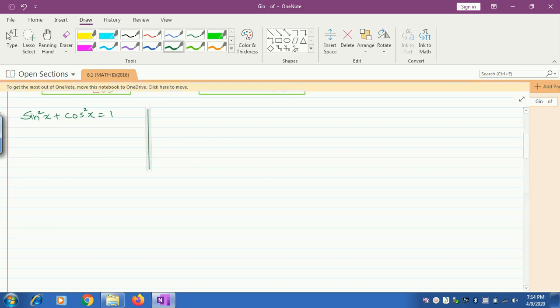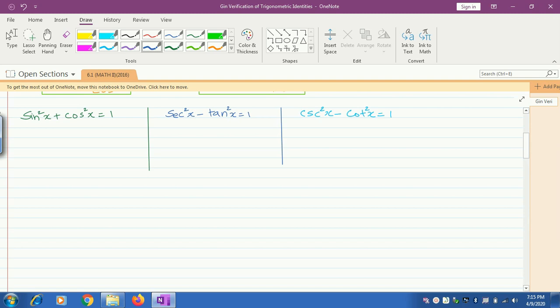The next one is sec square x minus tan square x is equal to 1. This is another identity, a formula which is very useful in the proof of identities. Now the next one is cosec square x minus cotan square x is equal to 1.